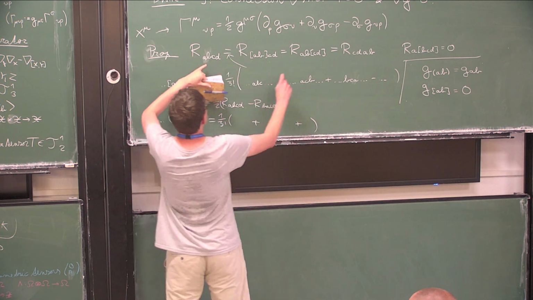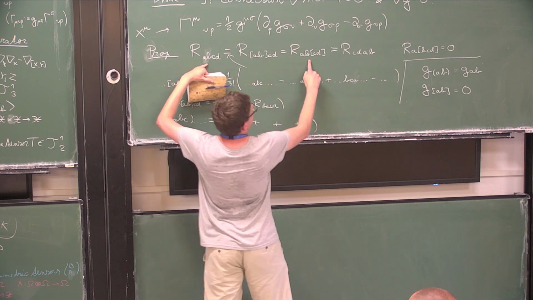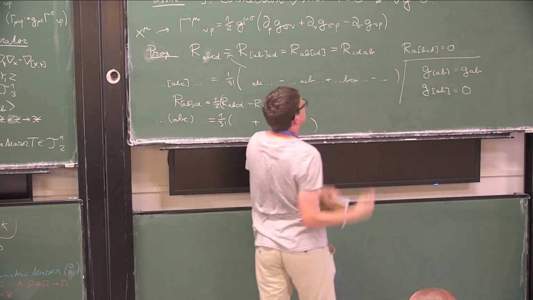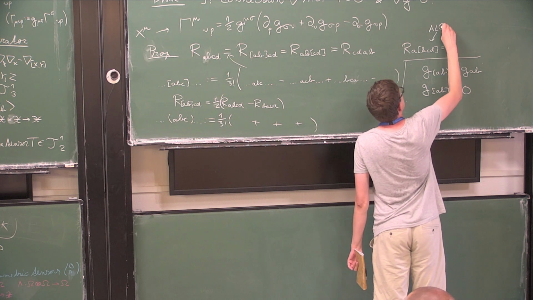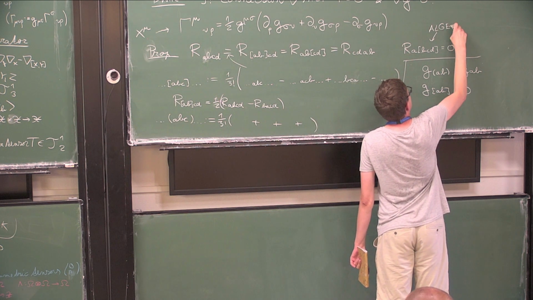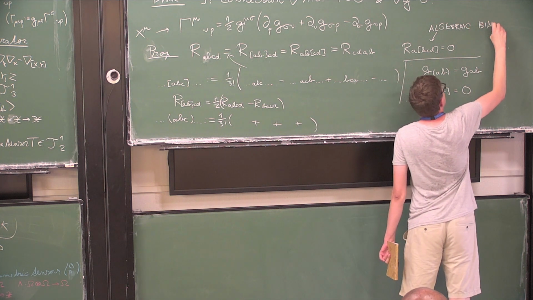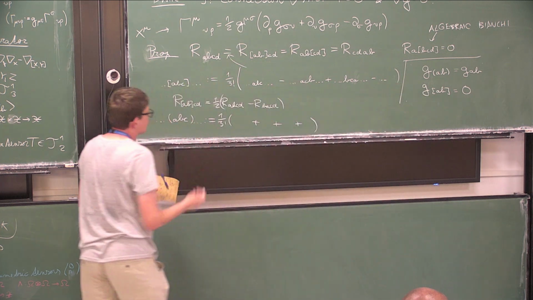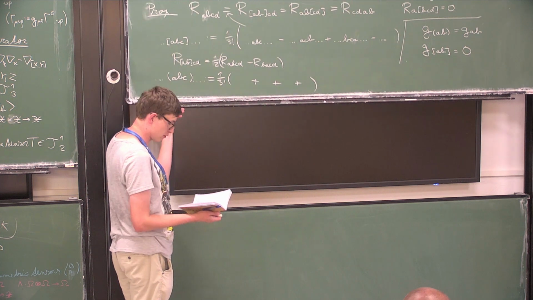The equality of these things means that it's antisymmetric on the last two indices. And this equality just means that it's symmetric under the exchange of these pairs. And this, as we've seen before, is the algebraic Bianchi identity. This is just a useful thing to know. It really simplifies your life.